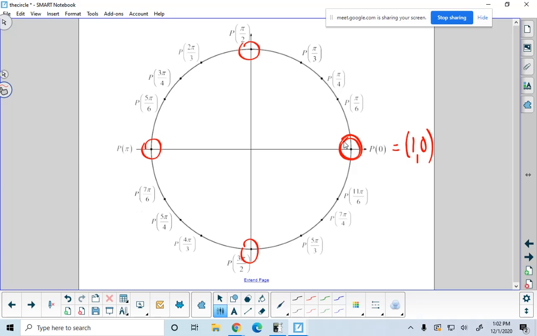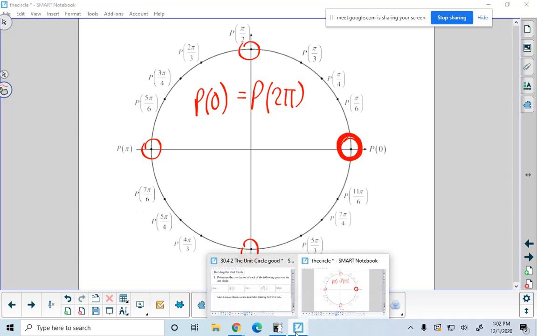Let that sink in. This point right here is the point of 0 radians, and this point right here is also the point at 2 pi radians. So P of 0 and P of 2 pi are equal because 0 and 2 pi are coterminal.